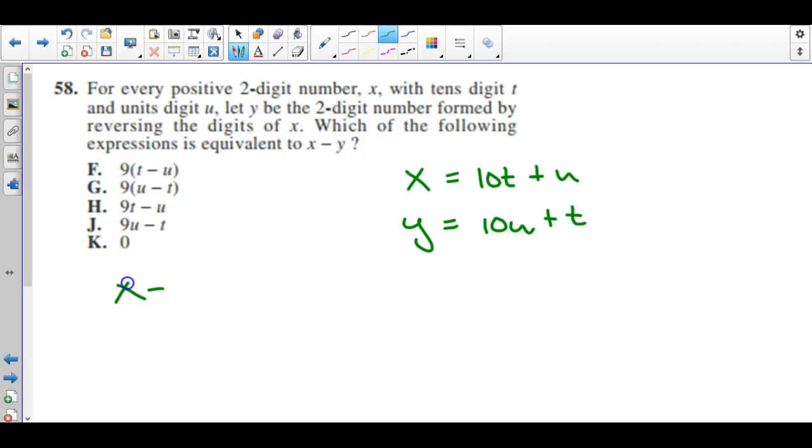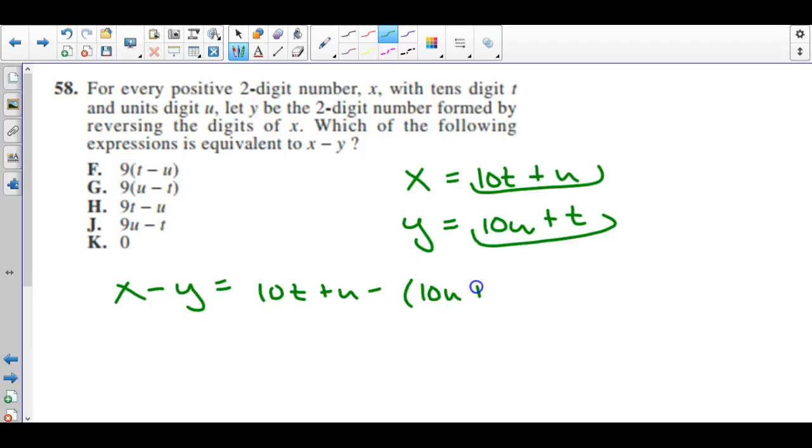So x minus y equals, I'm going to take my first expression, just do a little substitution, my first minus my second. So I'm going to take 10t plus u minus, and then the second expression, 10u plus t. Make sure you threw that second one in parentheses. So 10t plus u minus 10u minus t.